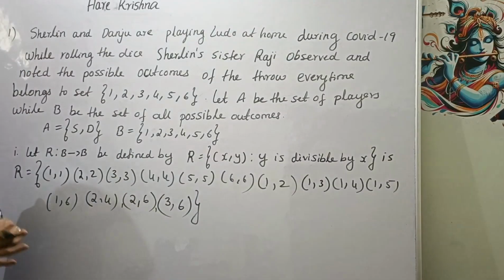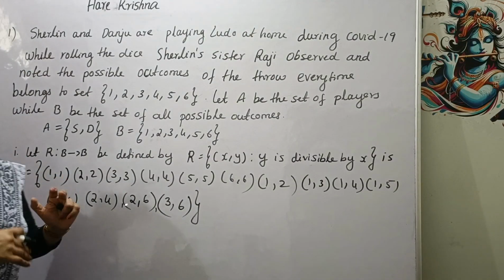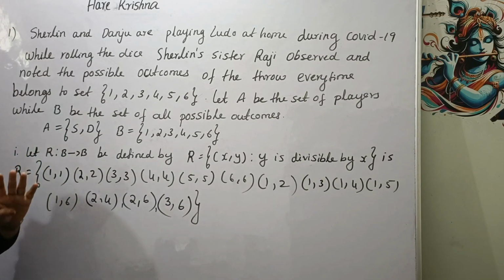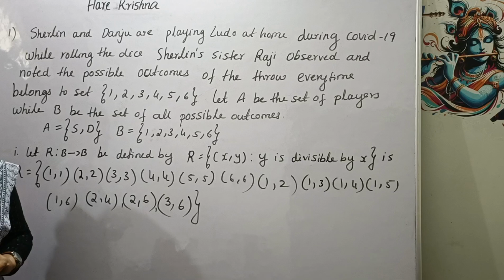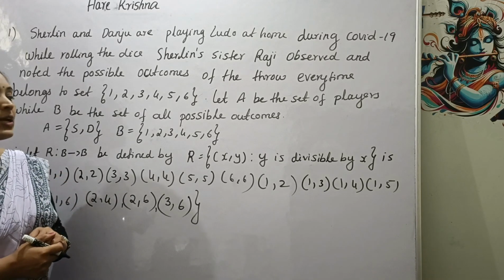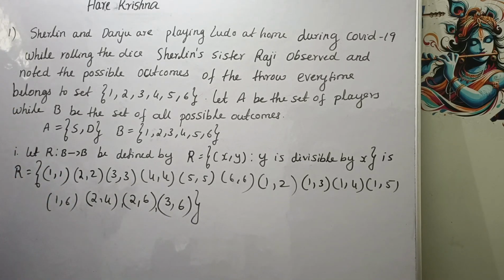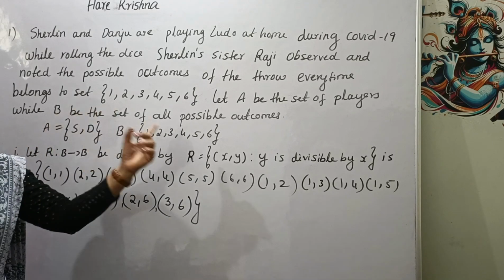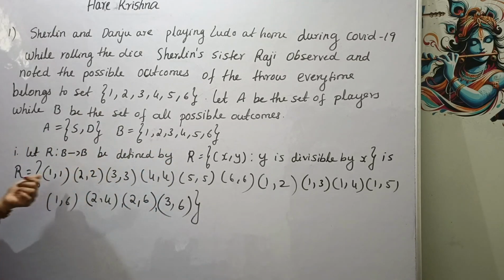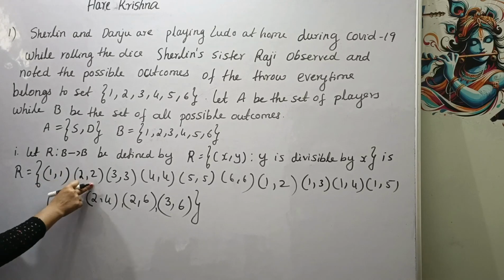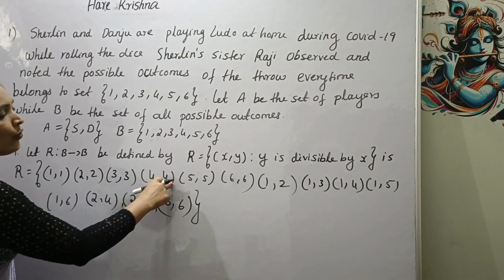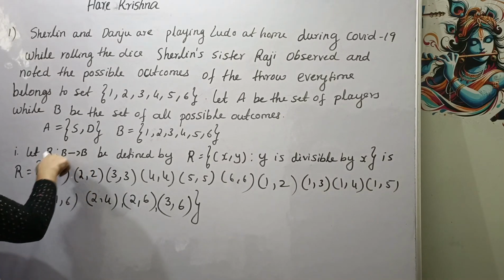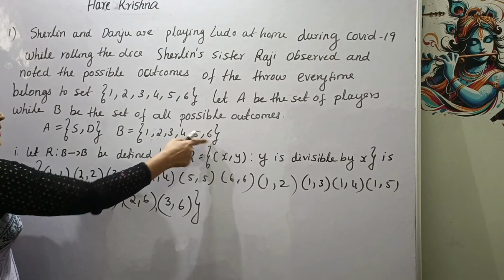Now, let's check whether this relation is an equivalence relation or not. For an equivalence relation, it should be reflexive, symmetric and transitive. For reflexive, we know that the ordered pair (a, a) should belong to R. Here B is nothing but 1, 2, 3, 4, 5, 6.